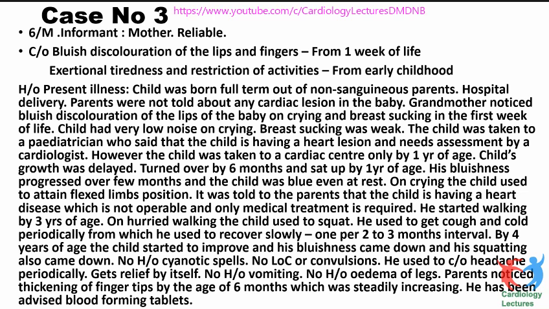What about VSD-PS? Children can have severe cyanosis in VSD-PS. I agree with you, especially if the patient has pulmonary atresia, and sometimes the child can be cyanosed from day 1 or 2.